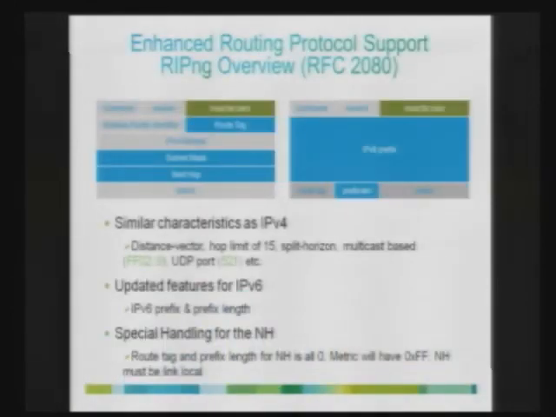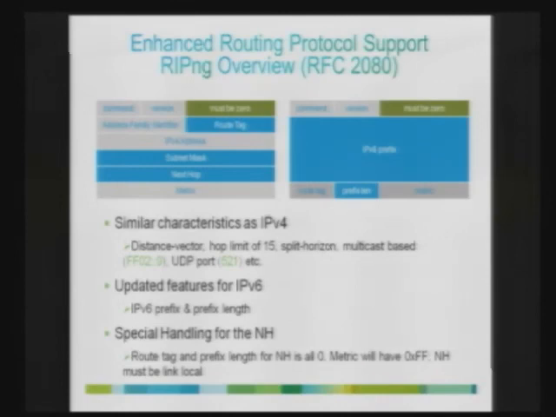Let's take a high-level look at RIP Next Gen. We do know that RIP is a distance vector routing protocol, and as far as IPv6 support for RIP is concerned, a lot of the characteristics of RIP have been retained. RIP-NG also is a distance vector routing protocol. It has the hop limit of 15.